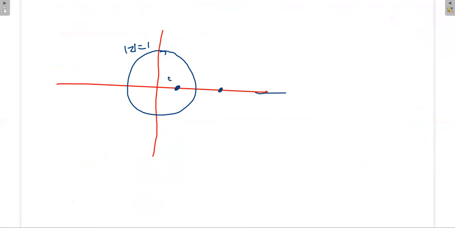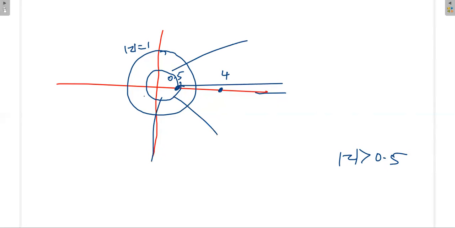Say this pole value is 0.5 and another pole value is 4. We may think that if I choose mod z greater than 0.5, we can choose the ROC like that. But what is the main problem here?